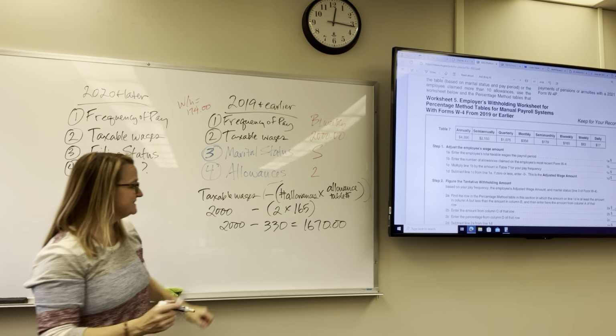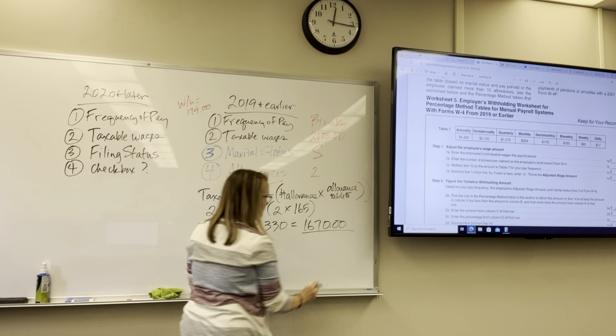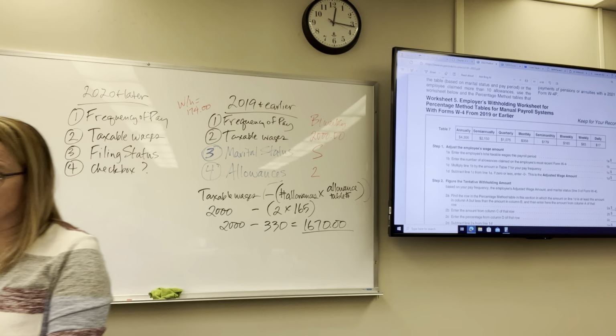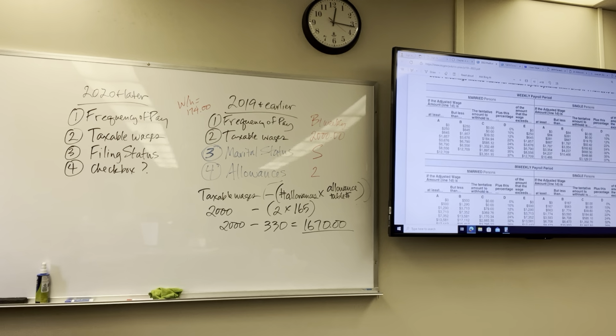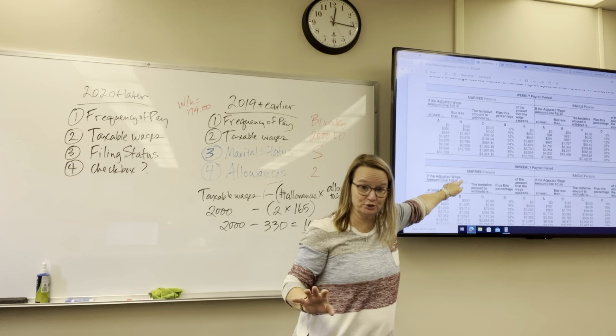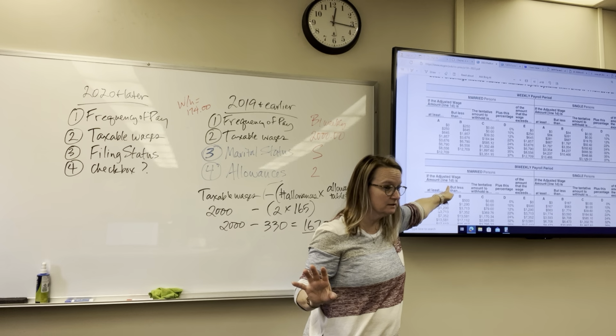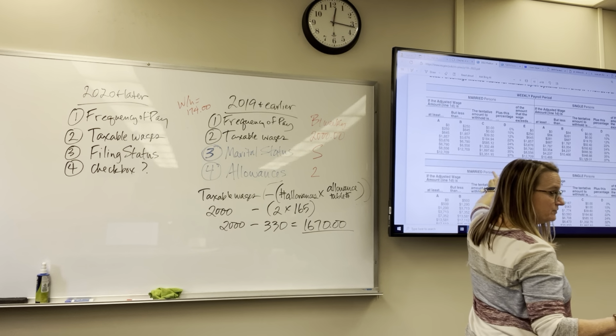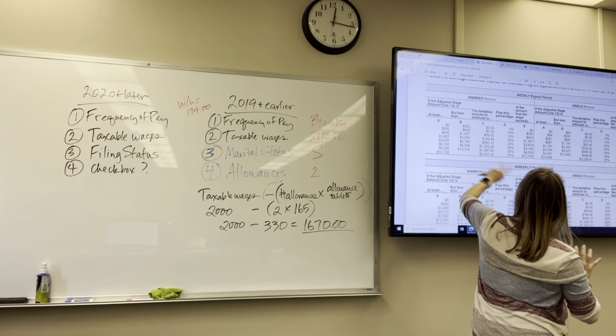We're going to take that 1670, that's what we're going to use to apply to the appropriate table here. This should look familiar. It's exactly like the tables that we used with the new method.